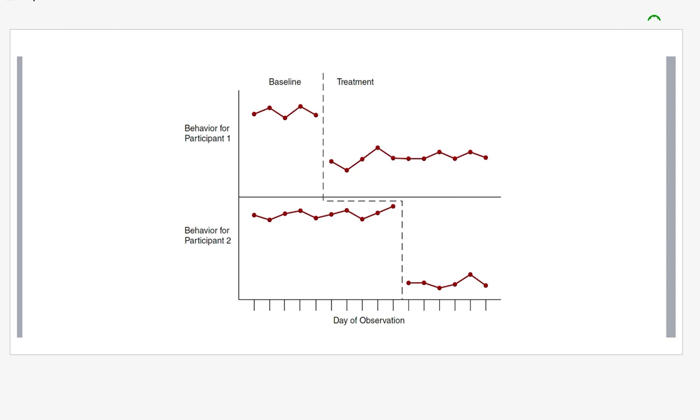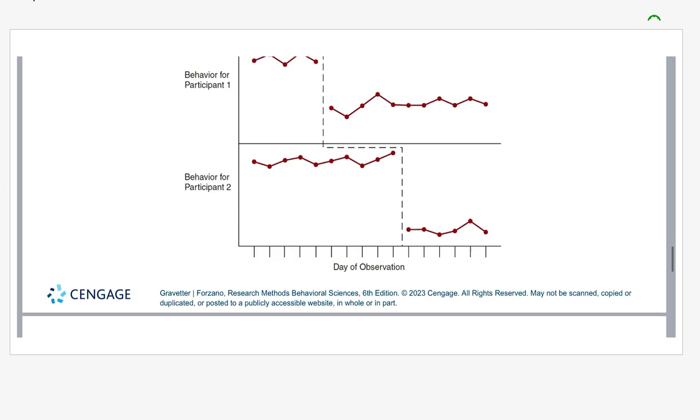You would observe them at home for 5 days or 5 weeks or whatever, and then initiate the treatment at home and observe what happens. But at school, you would wait longer before initiating the treatment, to see how that influences their disruptive behavior.